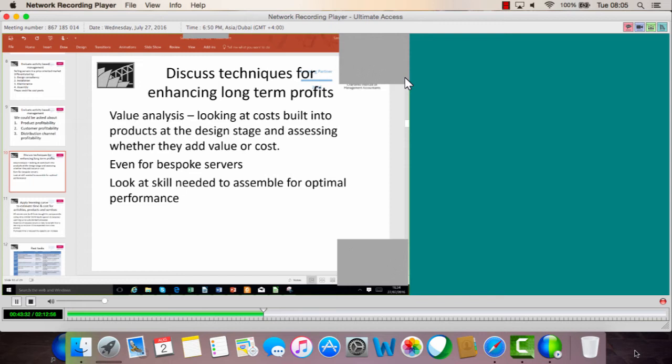So we want to maintain the quality at a lower cost. So I've written on this slide, even for bespoke servers, because of course we're under less price pressure with the bespoke servers. There's bound to be some price pressure, but if we are sufficiently differentiated, then our customers are recognizing that it's worth it for them to pay a much higher price.